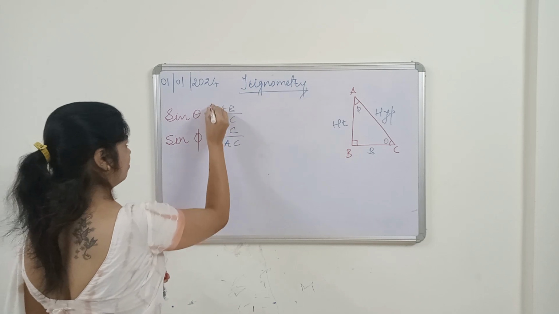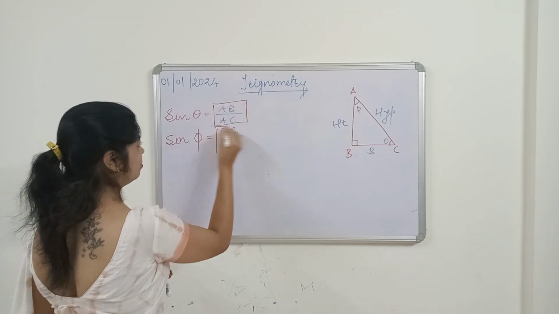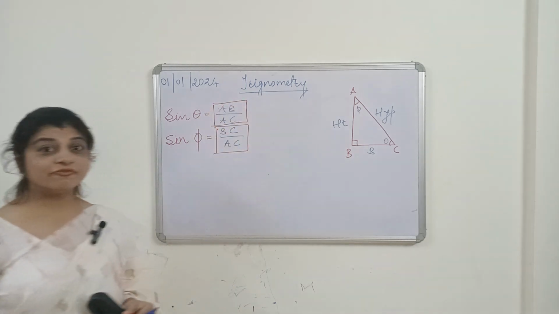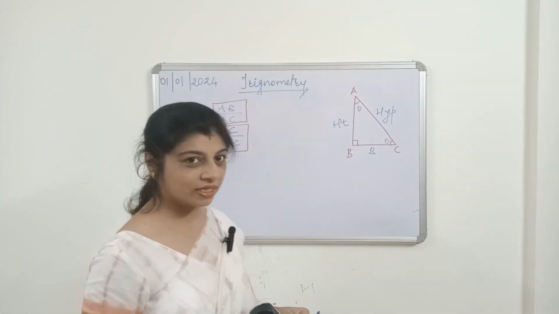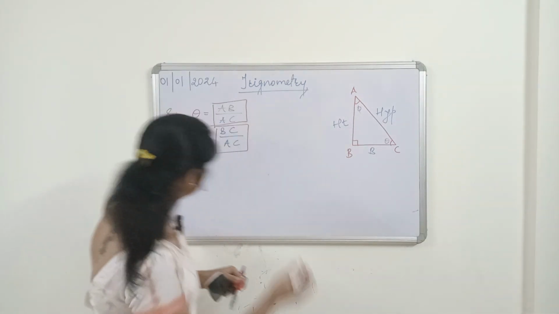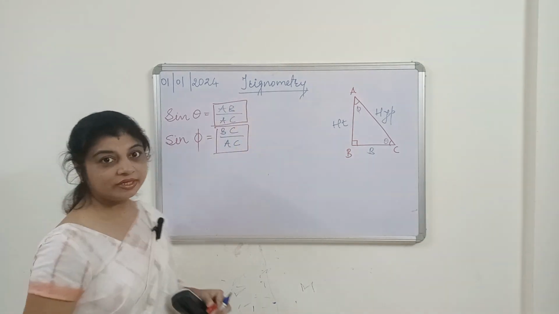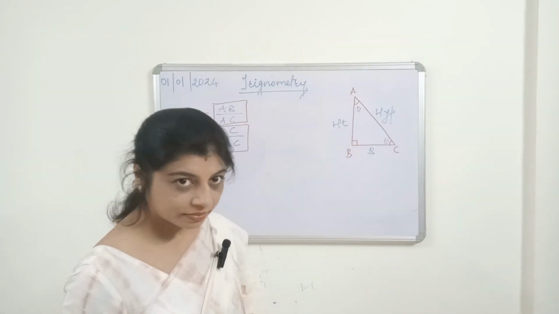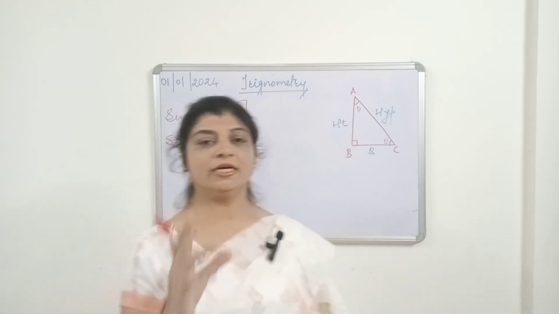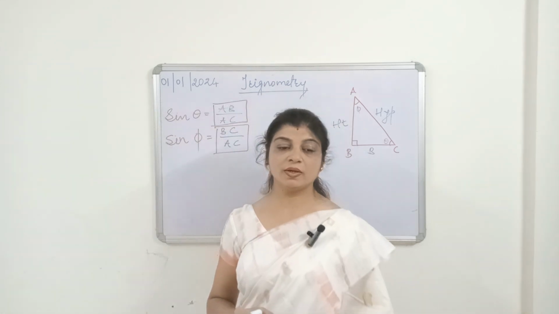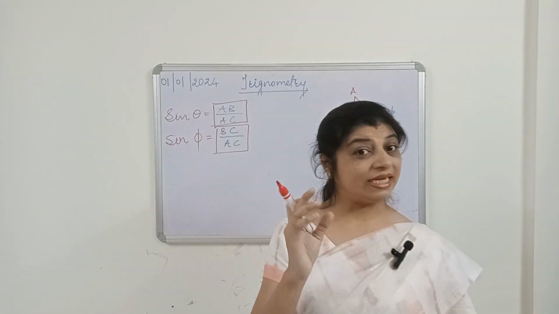In both cases, we wrote the same sine ratio, but we changed the angles. As we changed the angles, the sides have also changed. And that makes sense. That's why a child must be very particular and clear about the definitions.